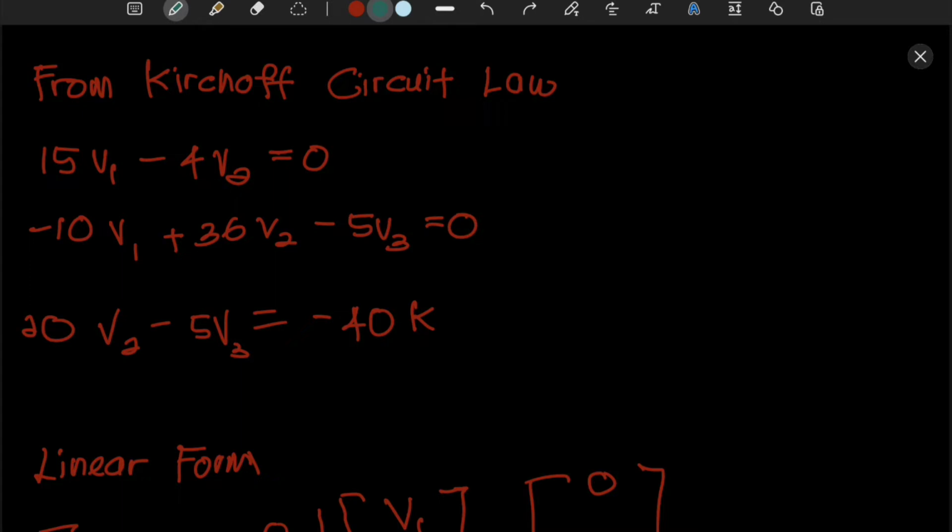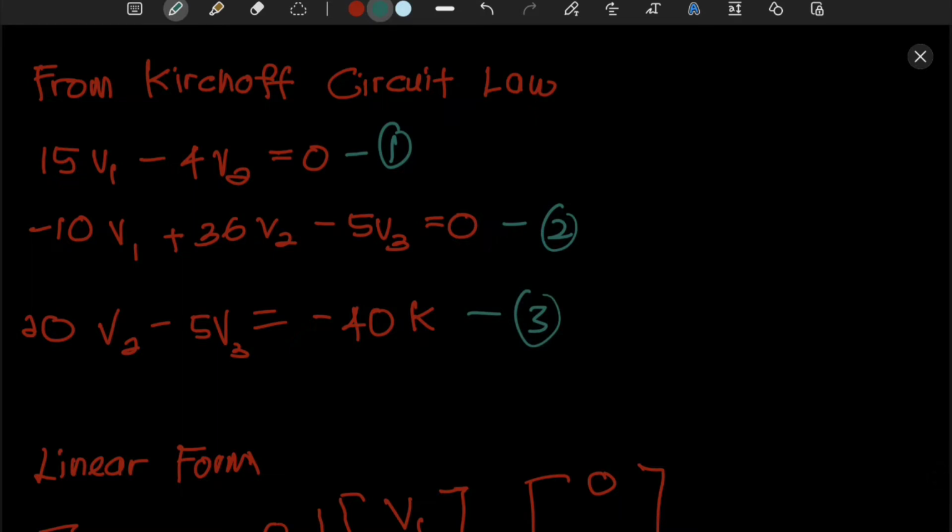So I will continue from what my friend has explained earlier. We need to find V1, V2 and V3 from the circuit that was shown before. We are using Kirchhoff's Circuit Law to obtain the following equations. We have the first equation, second equation and third equation.